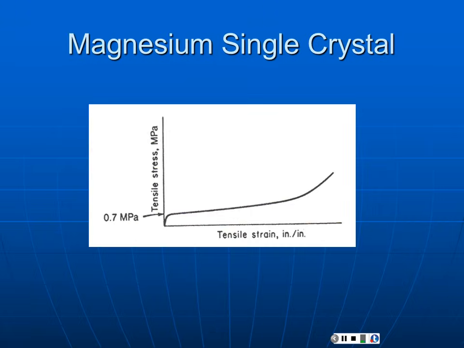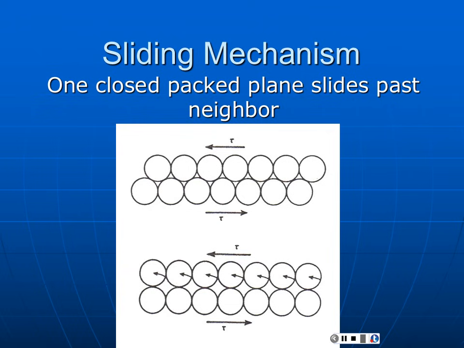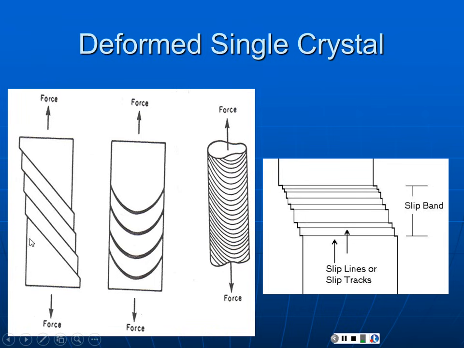We get a stress-strain curve for the magnesium in this test, the single crystal, and we get a yield strength of about 0.7 MPa. We'll come back to this and use these values in a moment. Now, thinking about what's happening, the simplest explanation is that we oriented close-packed basal planes at 45 degrees, and those are the planes on which the slippage appears to be occurring.